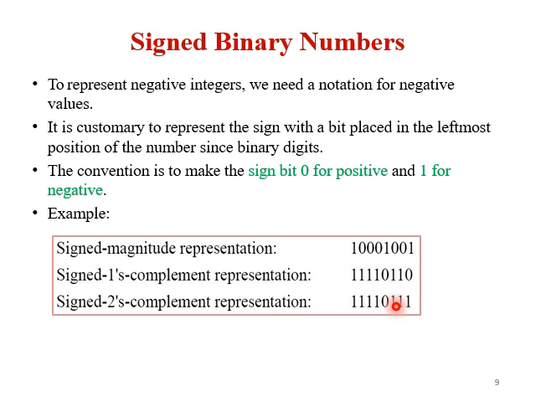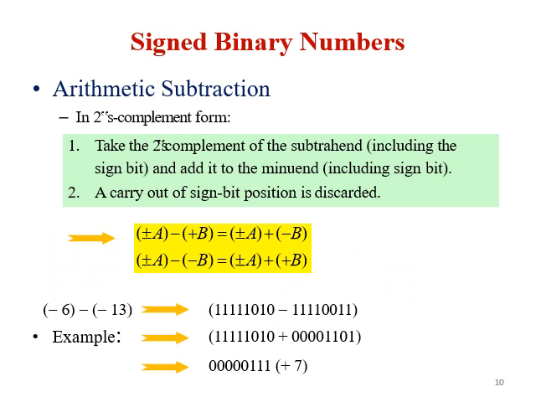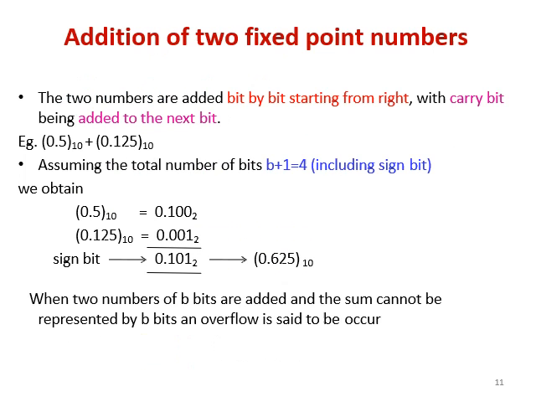Next, we can go for signed binary numbers by doing arithmetic subtraction, and we can also use the 2's complement. You might have studied all this earlier, right?